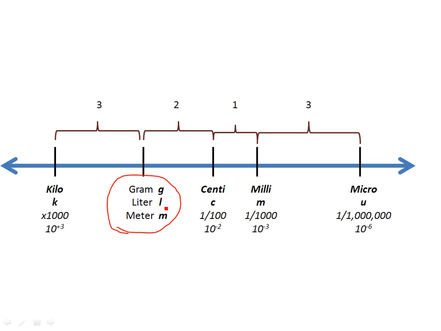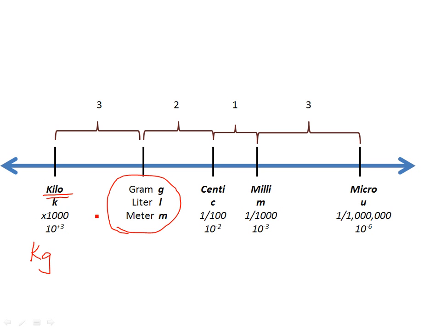So let's go big first. Let's say I have an object and I weighed it, and it is 1,000 grams. This is a big object. Well, I would call that a kilogram, and I would write it as a kg. Anytime you use a kilo, that is 1,000 times bigger.